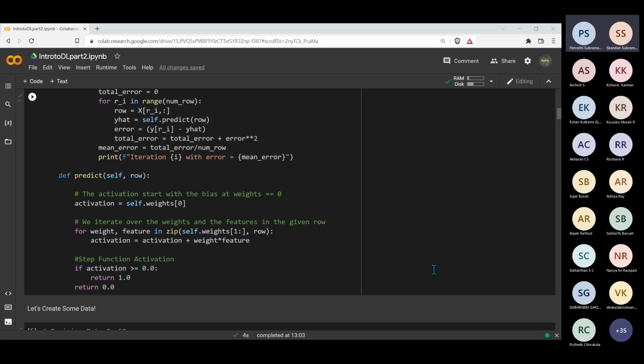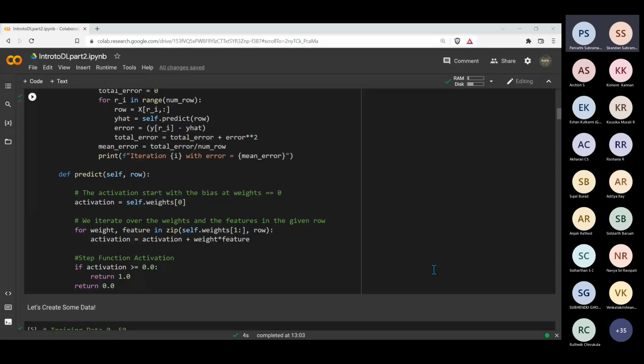First I put in the bias, and then I add the dot product of the weights with the various features. And then we know the step function is going to be the activation function. So if that is greater than or equal to 0, it's going to return 1, or else it's going to return 0.